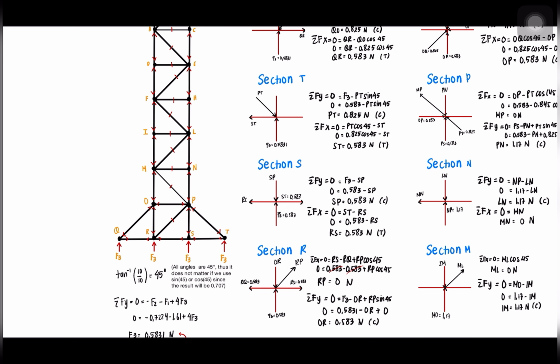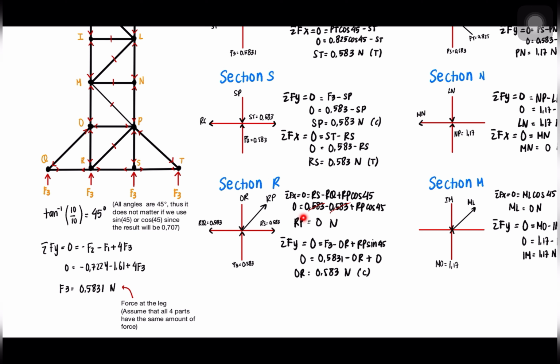Okay, so for member RP, as we can see, since we analyzed using sigma Fx equals 0 and sigma Fy equals 0, we got the diagonal part of the member is 0. So it does not affect the base, since the result is 0.